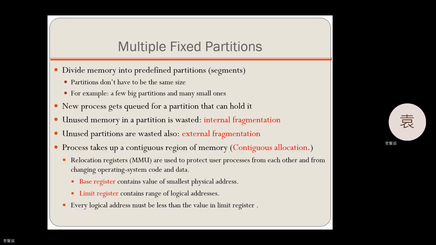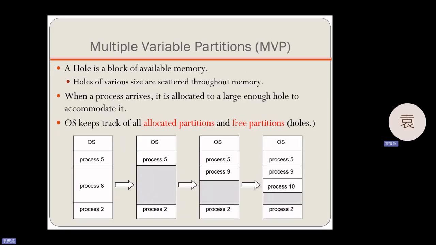Because of this external fragmentation problem, you have some partitions which are wasted because all the waiting processes require larger memory size. To better utilize memory, another approach is multiple variable partitions.